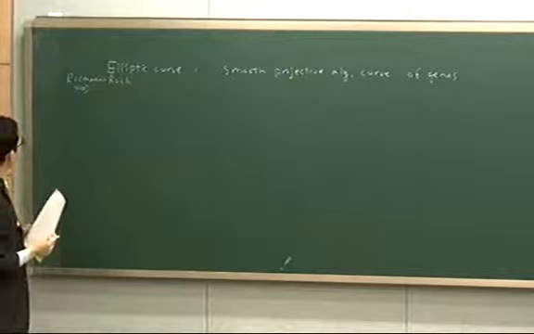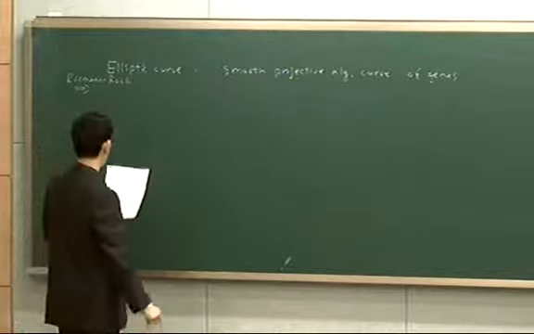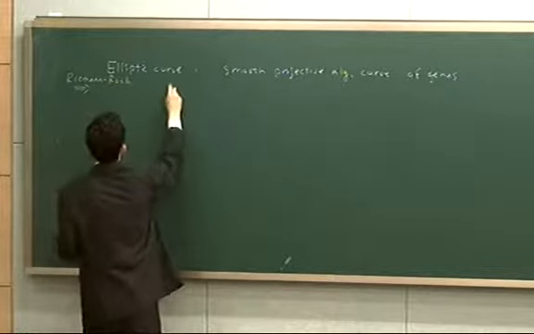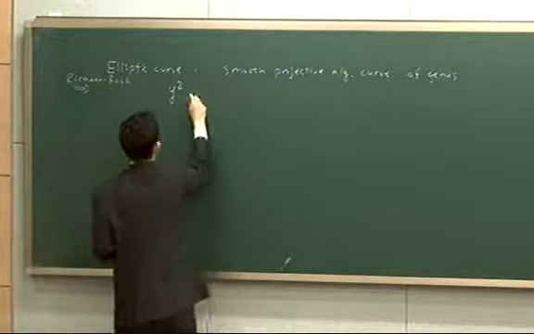the elliptic curve is given by the Weierstrass form, which has the following form.